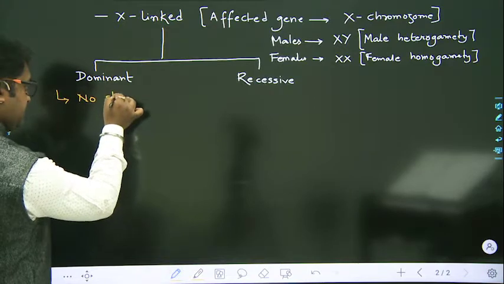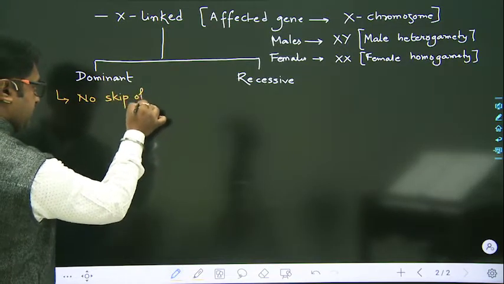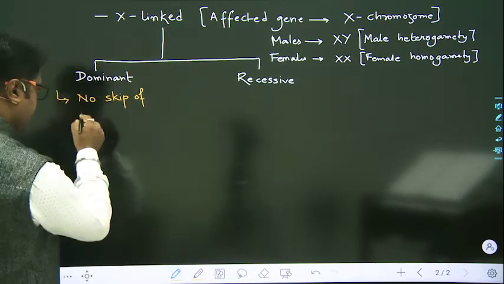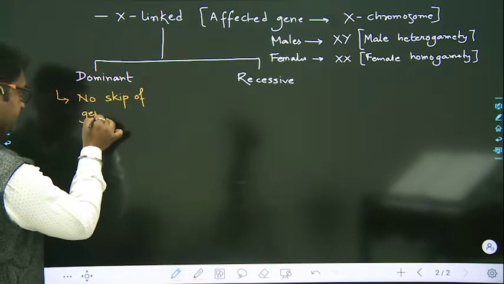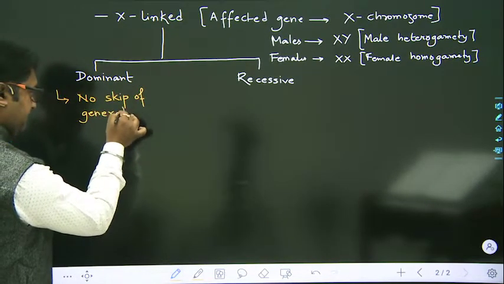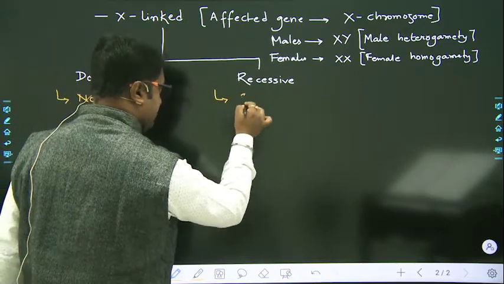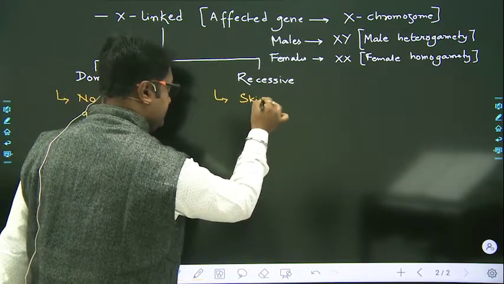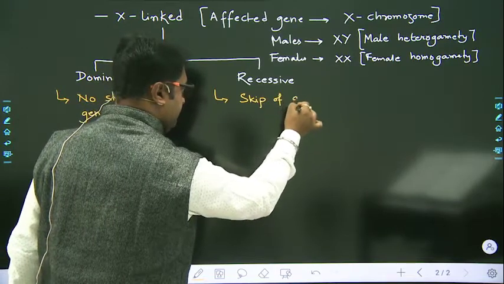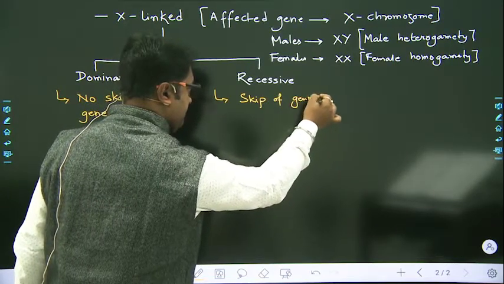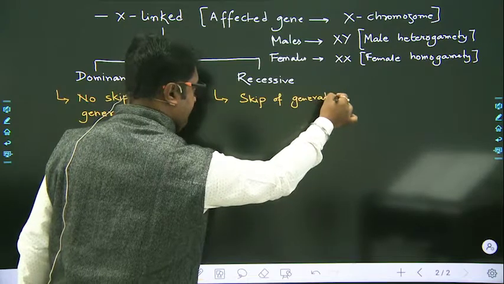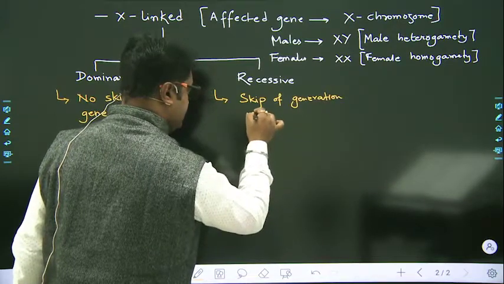It will occur in every generation. Whereas in the recessive one, skip of generation will be present.